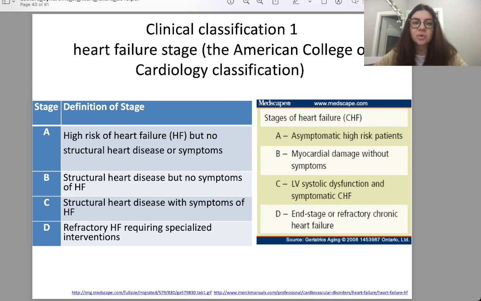Stage C is structural heart disease with symptoms. When it becomes symptomatic, it is stage C. And stage D is refractory heart failure, requiring specialized interventions, or the end stage of refractory chronic heart failure.